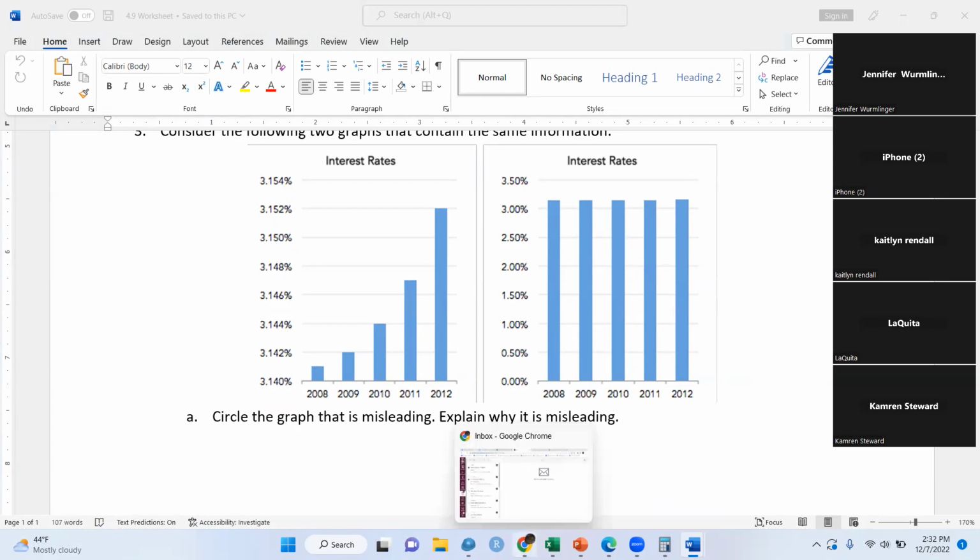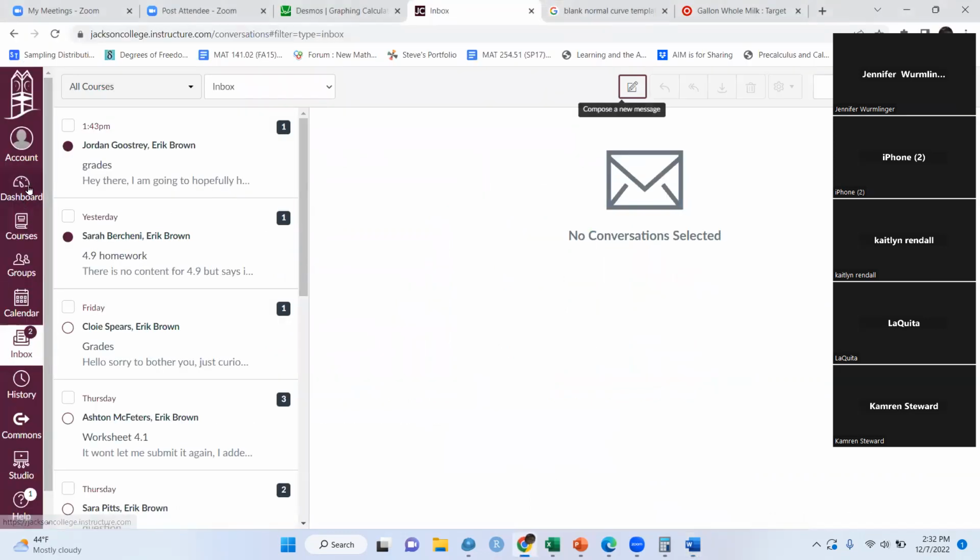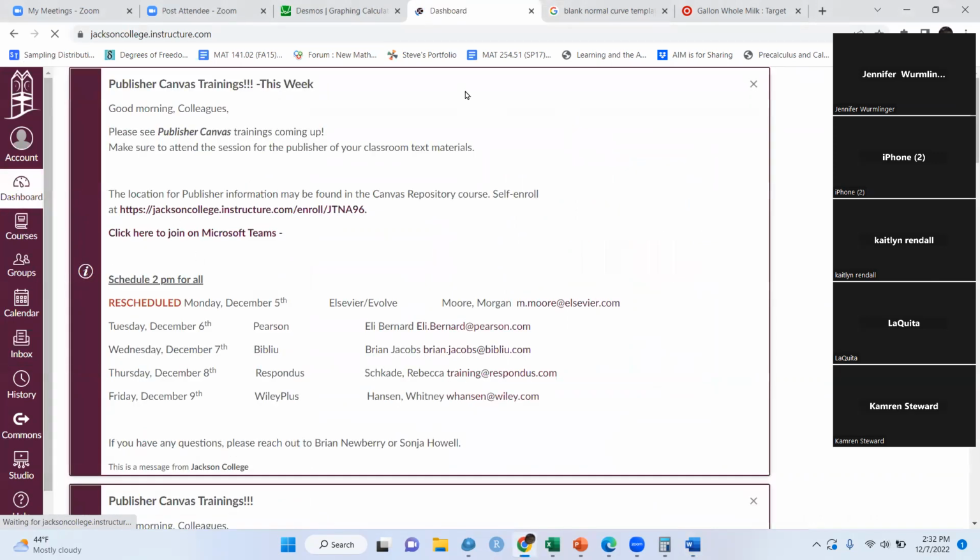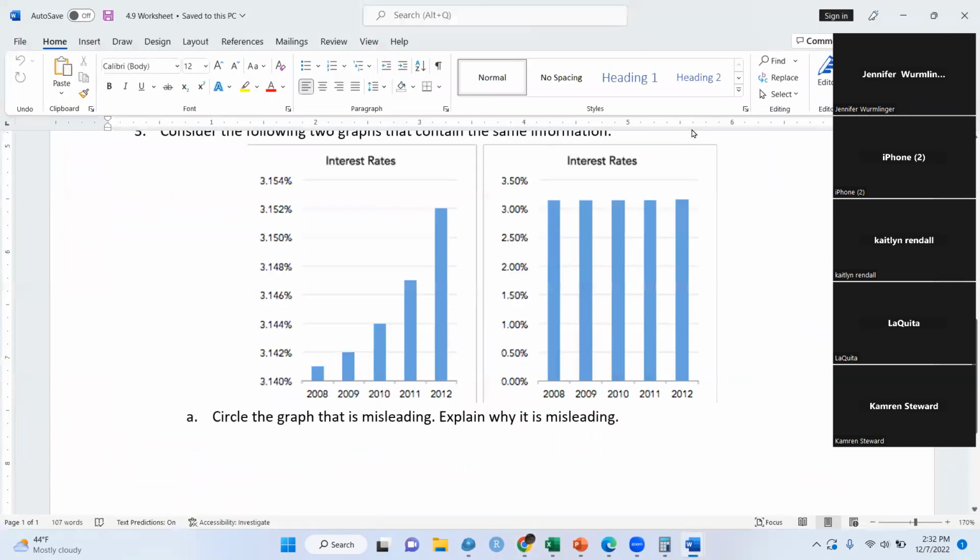I sent it through Canvas, however you get your Canvas emails. I don't know if you have your Canvas emails sent to your personal email or your school email.